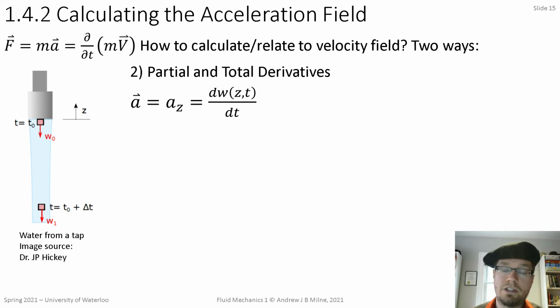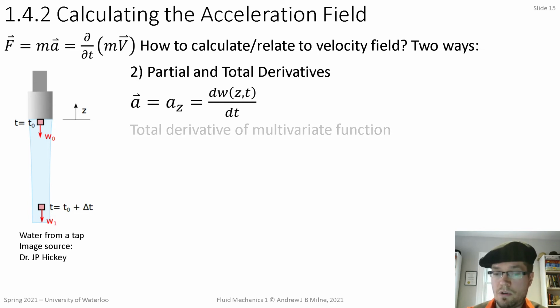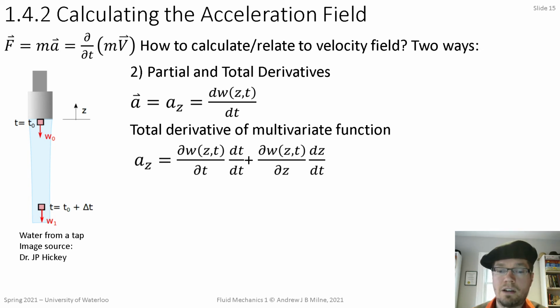So acceleration in this case is just acceleration in the z direction, which is, by definition, d by dt of w. But w is a function of z and t. So let's do the total differential, or total derivative, of a multivariate function. It is partial w partial t times dt dt plus partial w partial z times dz dt.